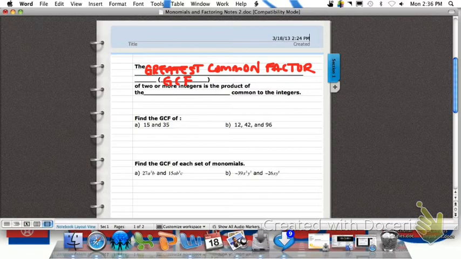The greatest common factor, or GCF, of 2 or more integers is the product of the factors common to the integers. So what that means is I'm going to take out what those two factors share, and then I'll multiply them together. So you'll see a lot of that as we continue to move forward.